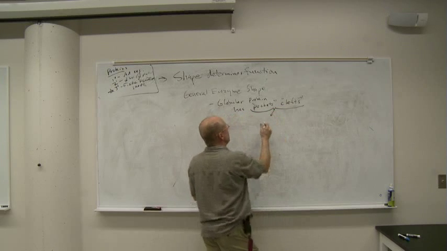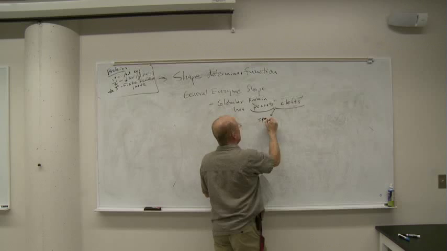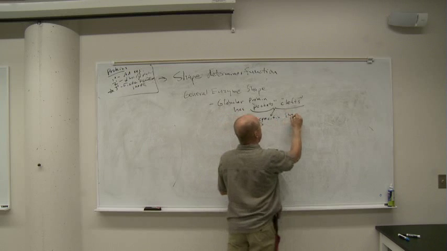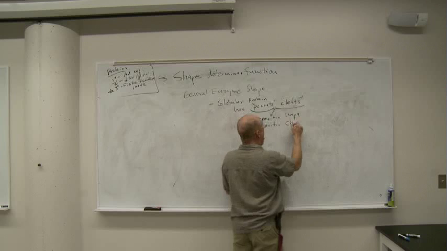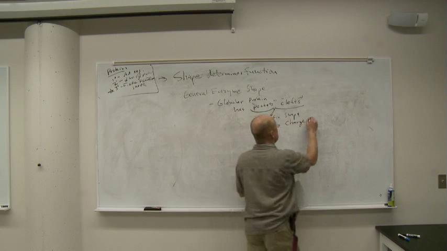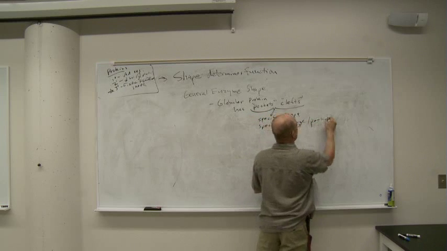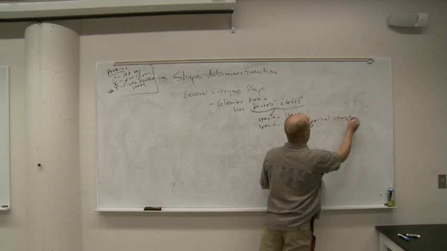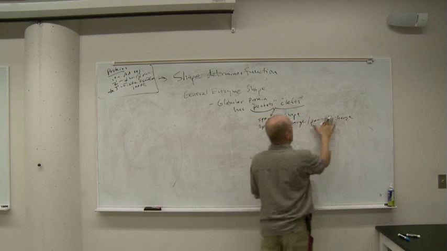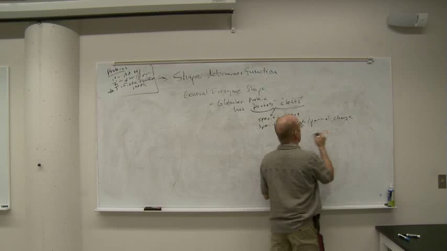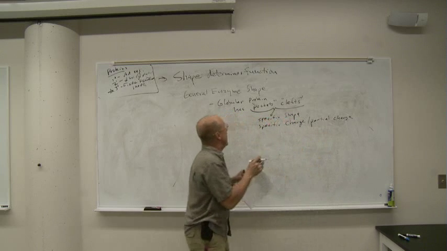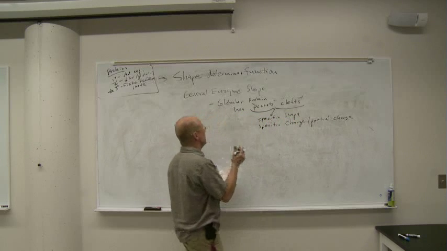So these pockets or clefts collectively have a very specific shape, and a specific charge or partial charge landscape. So these guys are going to have certain aspects in these clefts.